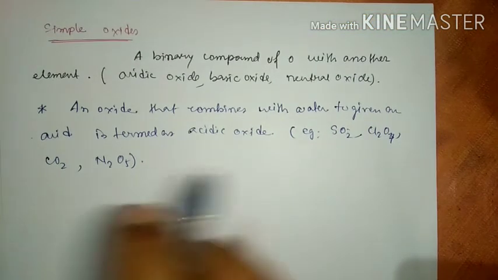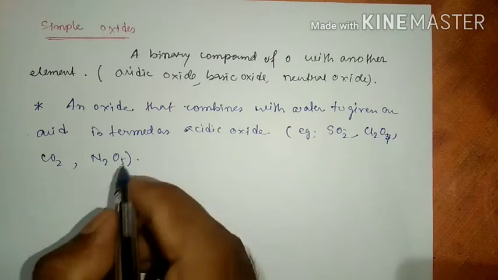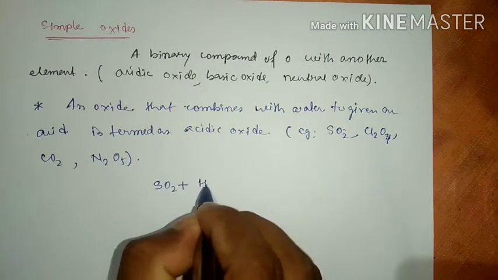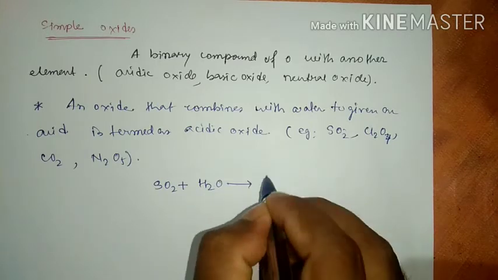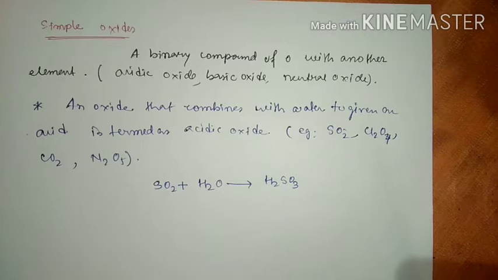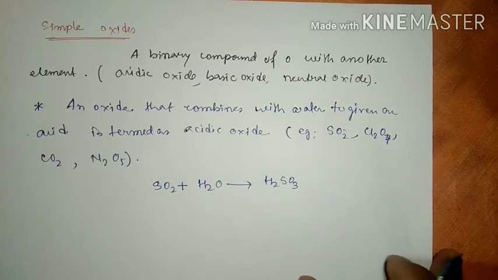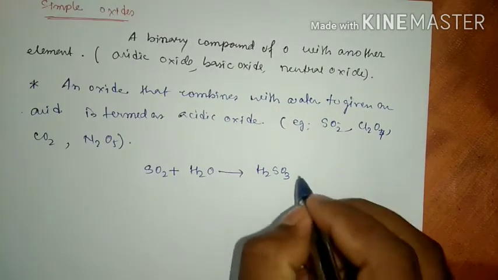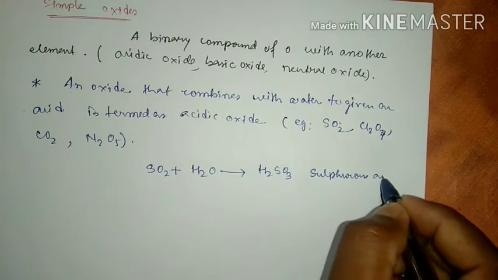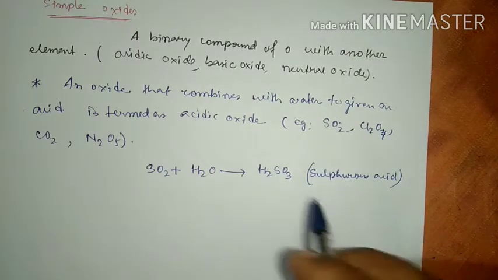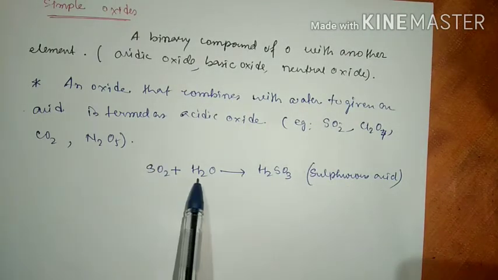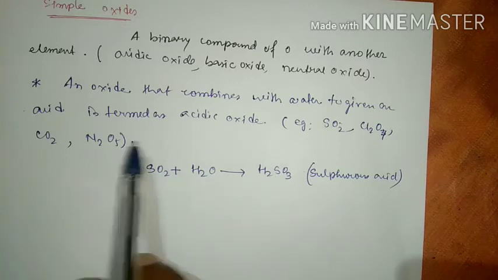When SO2 reacts with water, it produces H2SO3, and its name is sulfurous acid. Easy, no? When an oxide reacts with water and produces an acid, it is known as an acidic oxide.